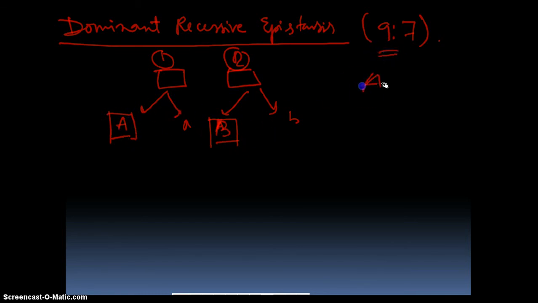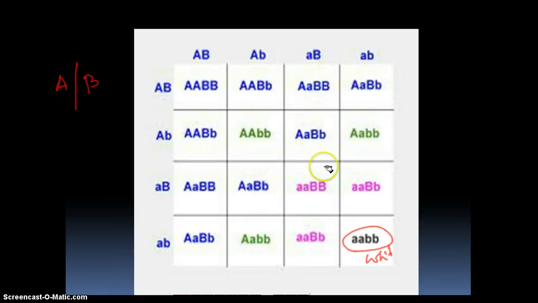That means at least one capital A and one capital B have to be present in the genotype for the dominant expression of 9, and the rest of the genotypes will produce the recessive expression, that is 7. Now if we go to the Punnett square, we can see.